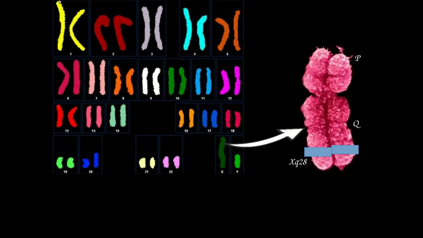They looked at chromosome 1, and they said, okay, chromosome 1 for homosexual people is really similar to chromosome 1 of heterosexual people. They looked at chromosome 2, 3, 4, 5, 6, 7, and so on and so forth.